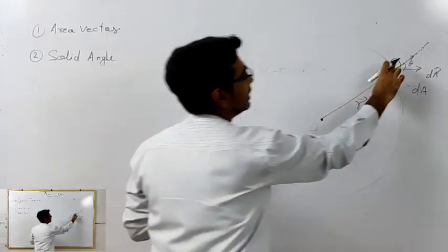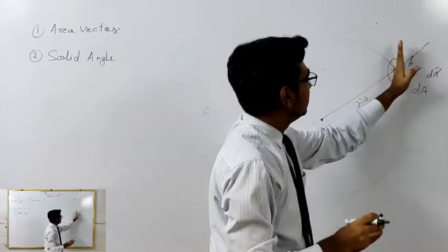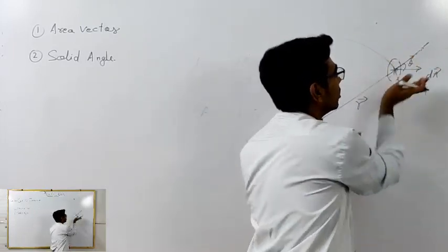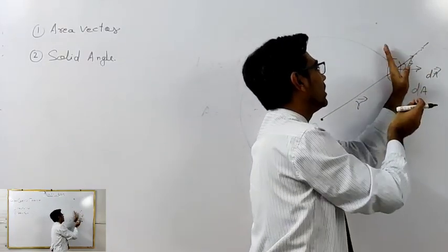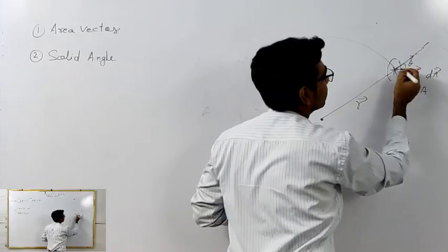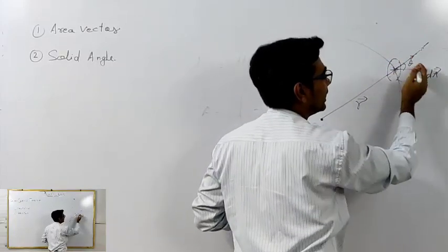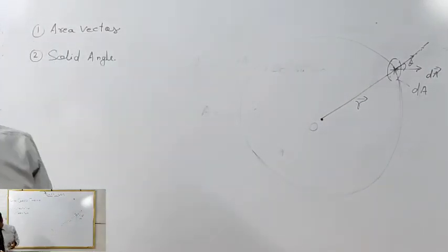To make this area fall on the surface, you have to rotate this area. When you tilt this area in this manner so that the dA vector goes along the R vector, our area will fall on the sphere. How can you rotate it? By taking a dot product.